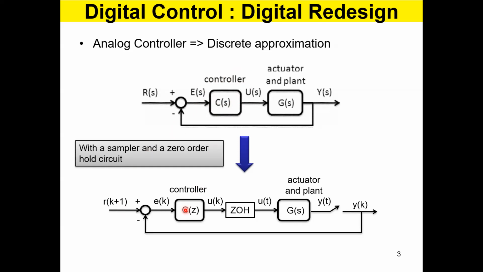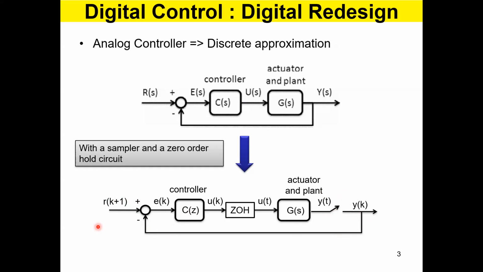Okay. And for the discrete time controller to function properly, you have to make your reference signal and the feedback signal all discrete. And that is why you attach the sampler here to make your output discrete. Understand?